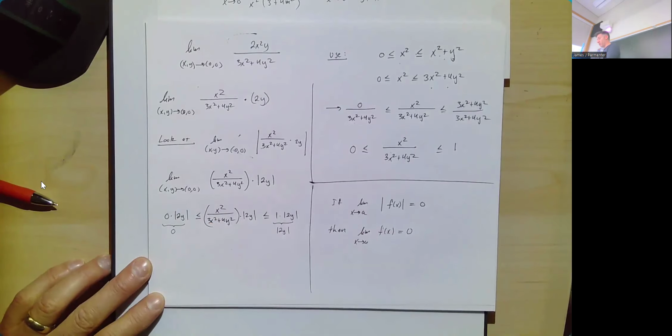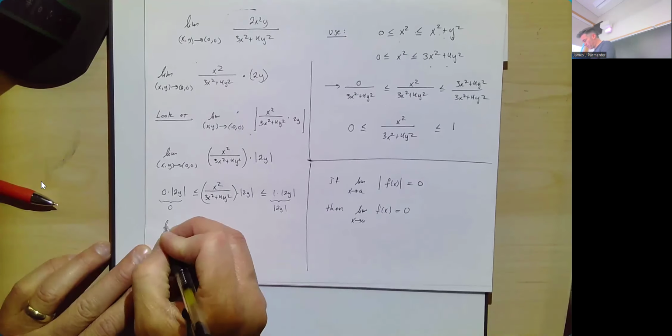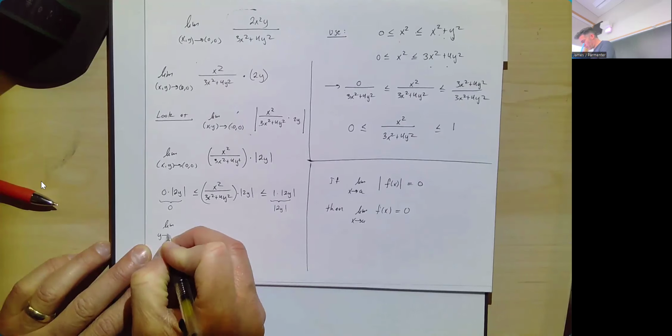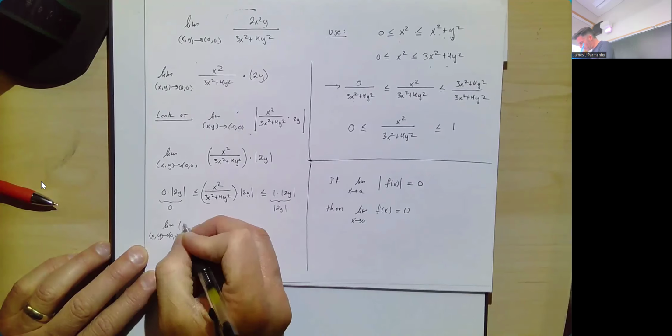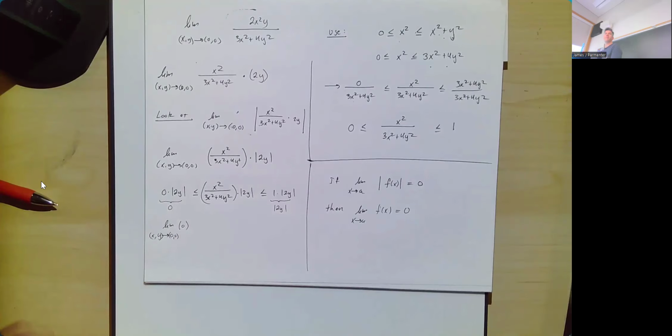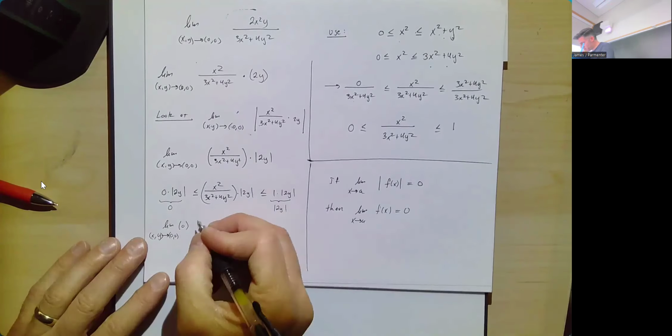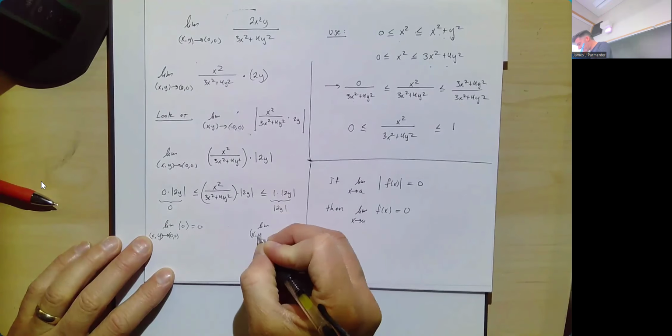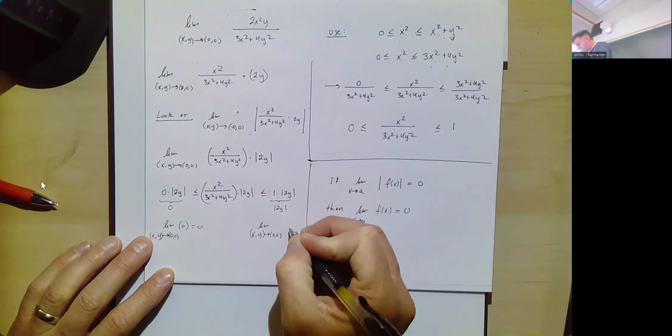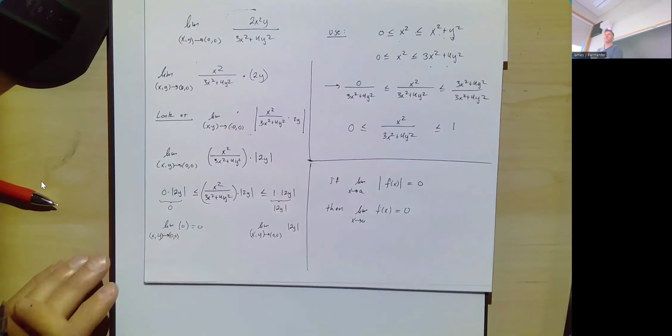I'm going to ask all of you, what's the limit as x, y approaches 0, 0 of 0? Everybody. Yeah. What's the limit as x, y approaches 0, 0 of the absolute value of 2y?